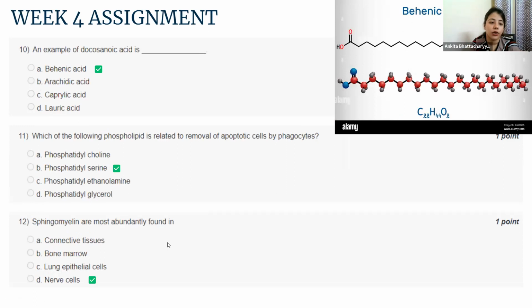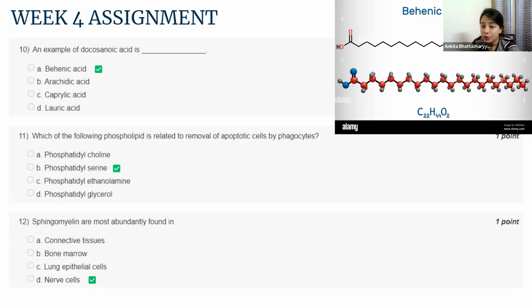Then in question 10, we are directly asked, what is an example of docosahexaenoic acid? If you remember, while I was recapitulating what has been discussed in that week, we went through that table, and there we saw that behenic acid is an example of docosahexaenoic acid.